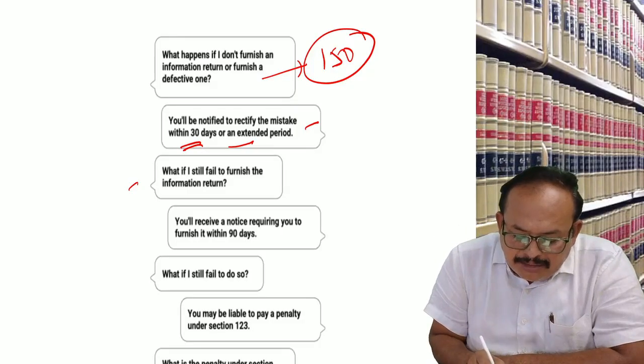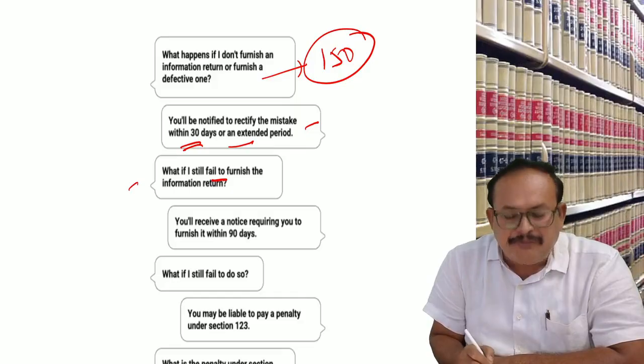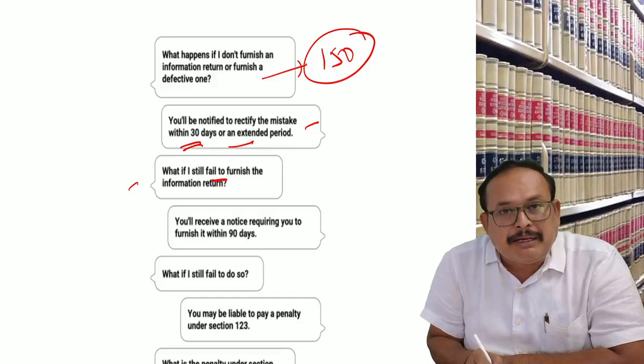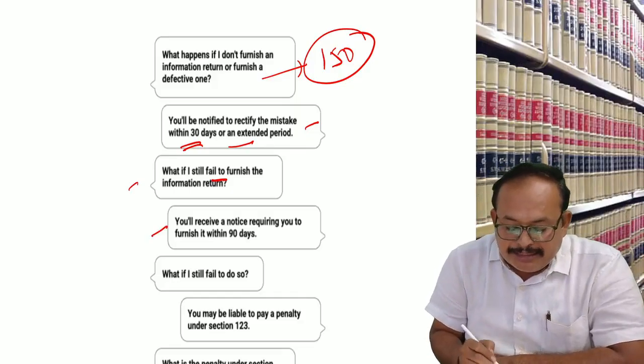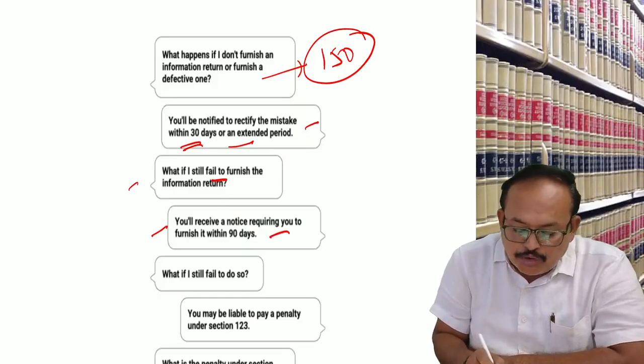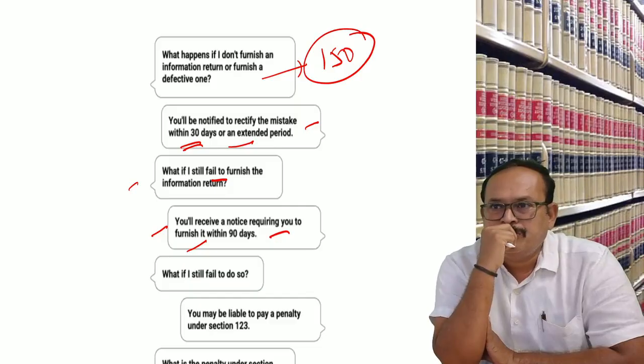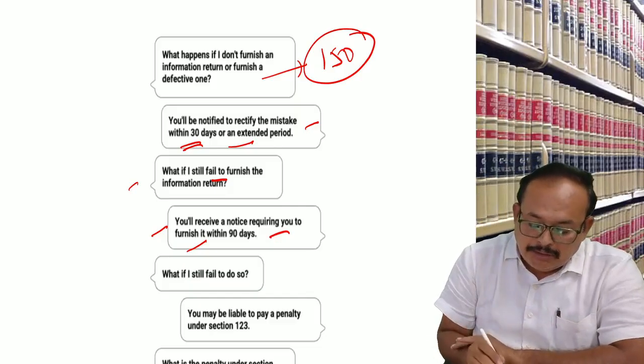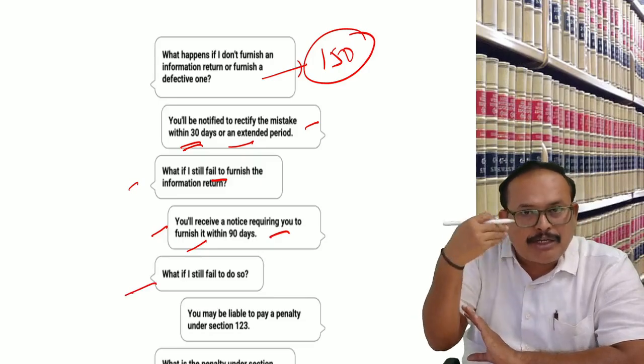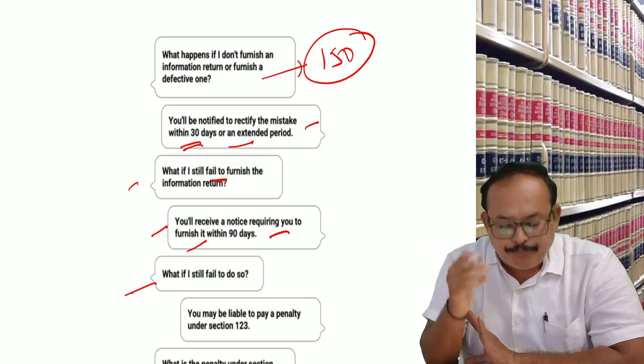What happens if I still fail to furnish the information? The department officer says you will receive a notice requiring you to furnish it within 90 days. What happens if I still fail to do so?